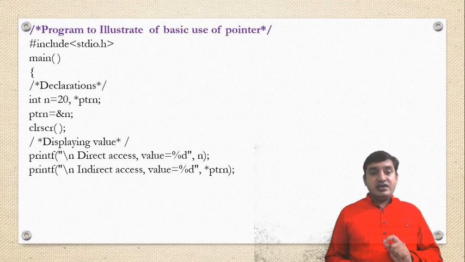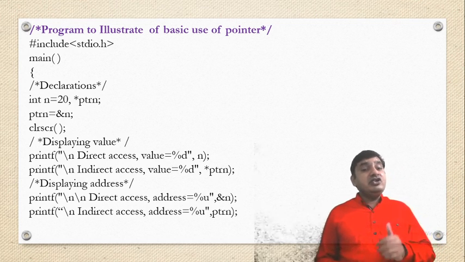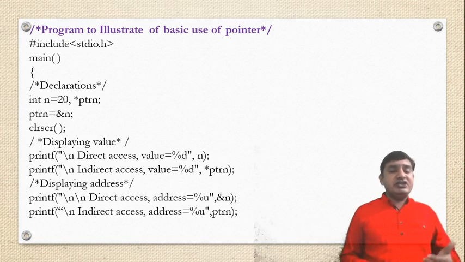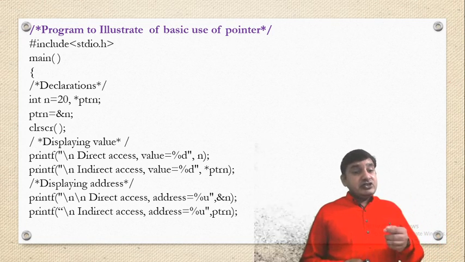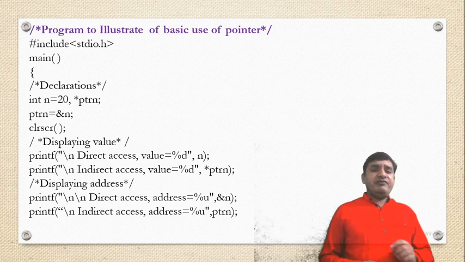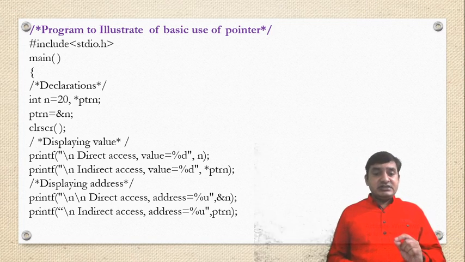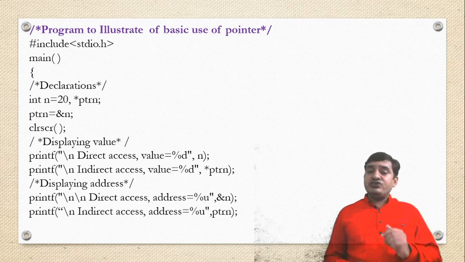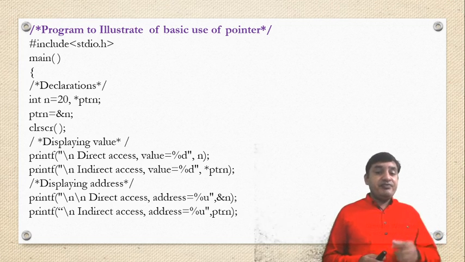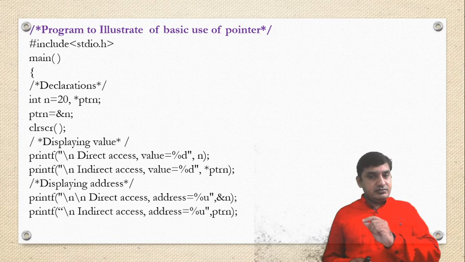Okay, now display the address. Now we have to display the address. So we use a printf function, "direct access address is equal to %u", which is an unsigned integer, address of n.